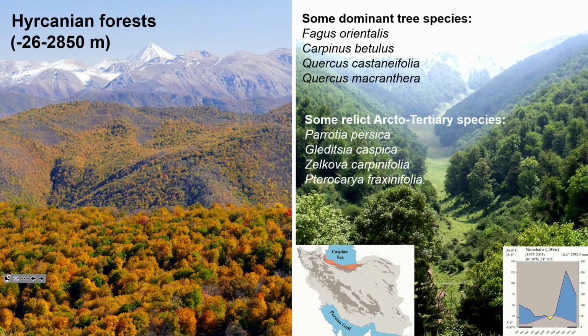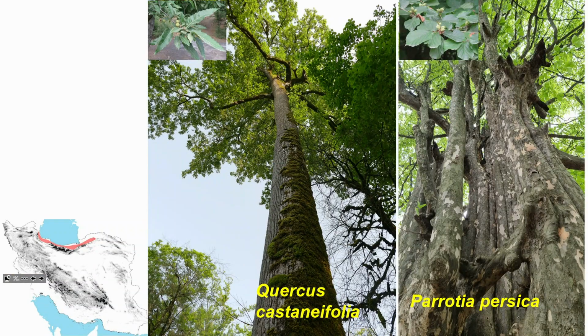Most of these species were widely distributed in the northern hemisphere in the past, but because of the glacial periods, they disappeared and only remained in the Hyrcanian forest. Therefore, these forests are very important for conservation aspects.